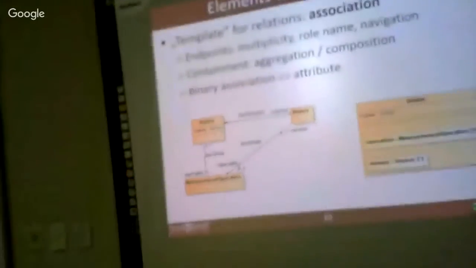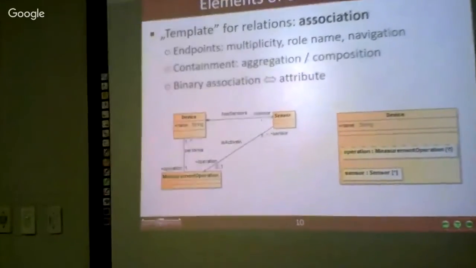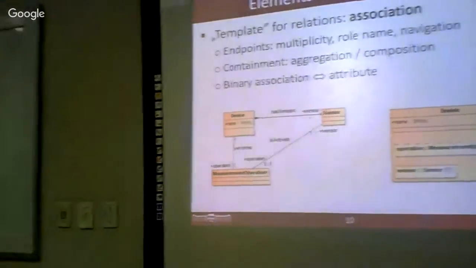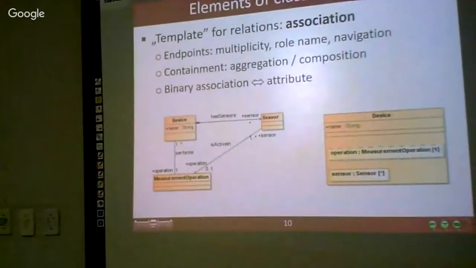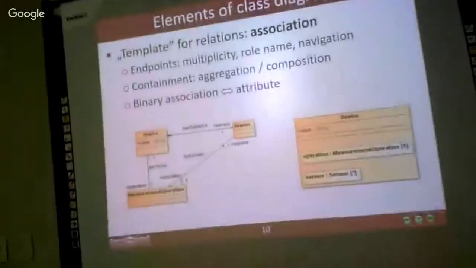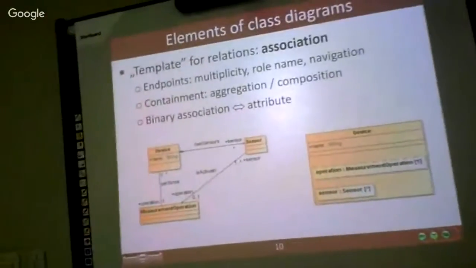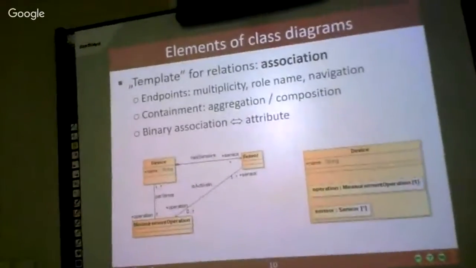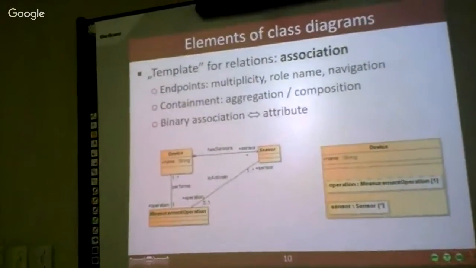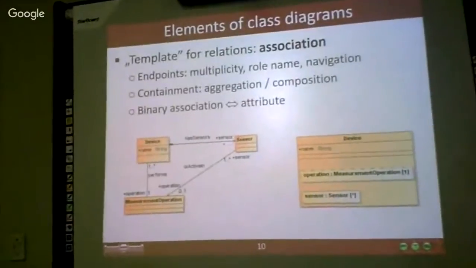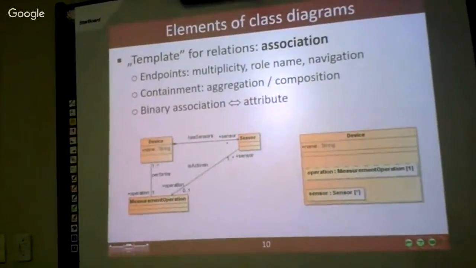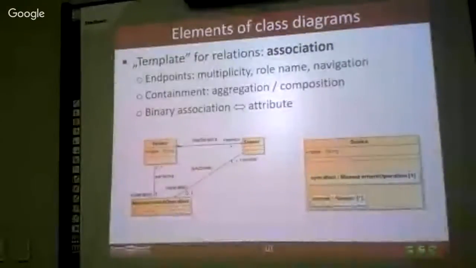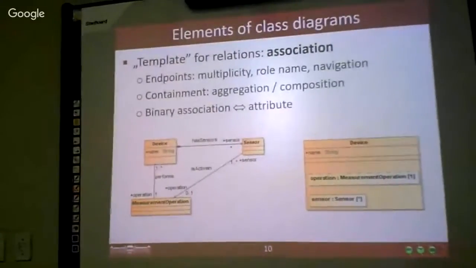Just for the objects, but also for the relations. And we will see, this is called associations, and we will see various properties of these relations. So endpoints can have multiplicity, role, name, navigation, containment, such as aggregation, composition, and we will see also attributes. Attributes can be regarded as binary associations.